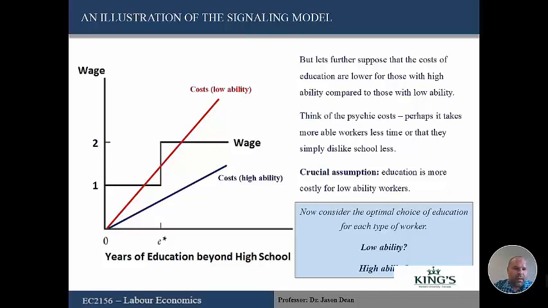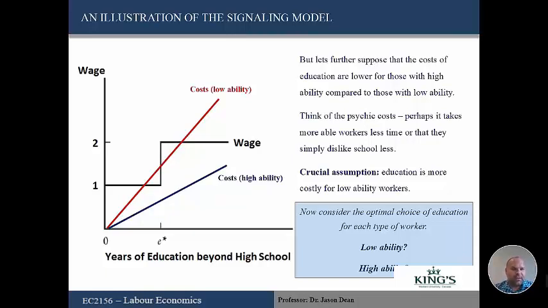And so they would be better off just getting 0 years of schooling and getting a wage of 1. 1 is higher than the difference between this distance here. So there is no incentive here for low ability workers to get education E-star.